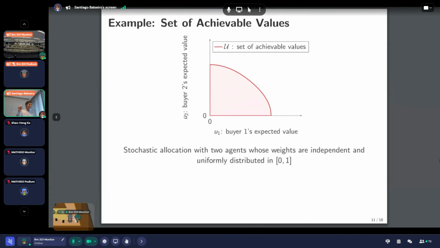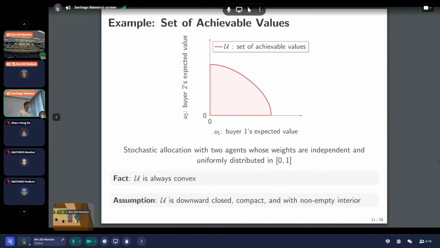For each point over there, you can always pick an assignment that achieves that value, and then we're going to optimize over this set. Now, some facts: this set is always convex because we're allowing for lotteries over alternatives, and we're going to assume that it's downward closed, compact, and with non-empty interior. These assumptions are actually quite benign.